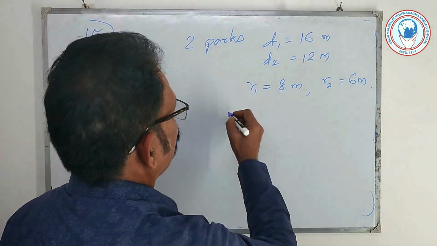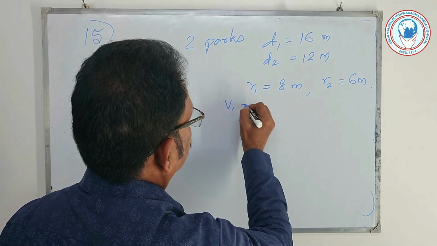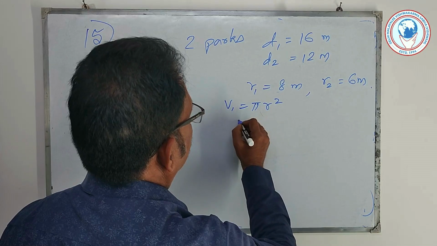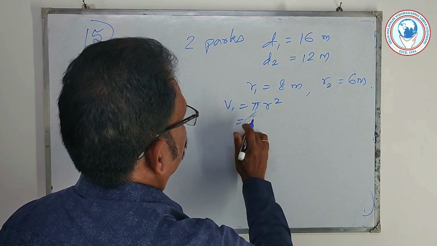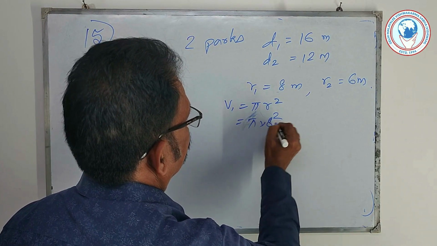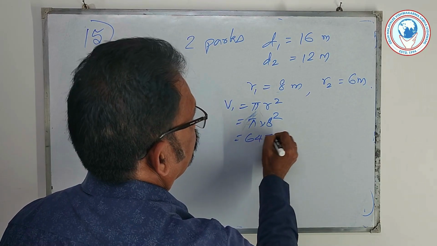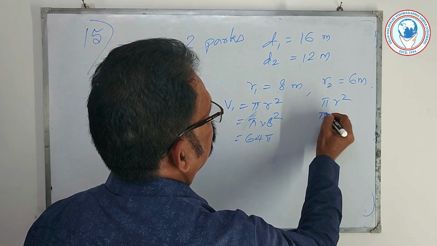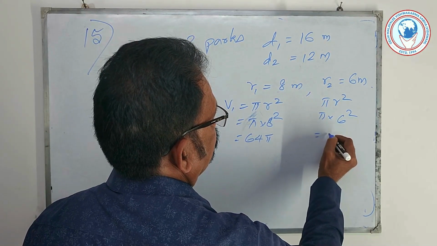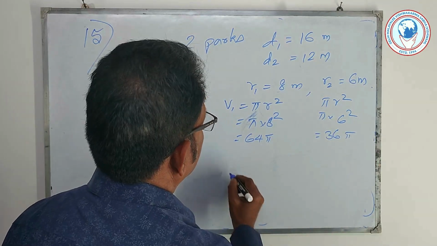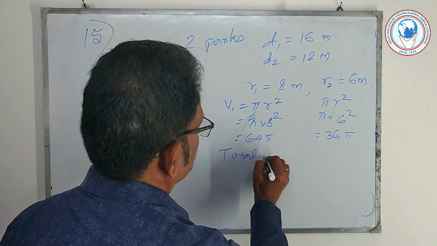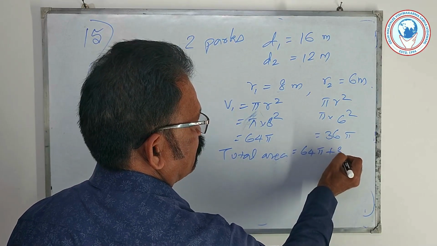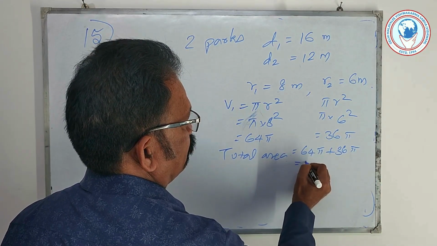So its area is equal to pi r square, that is pi into 8 square, 64 pi. Area of the second, pi r square, pi into 6 square, that is equal to 36 pi. Total area 64 pi plus 36 pi, that is equal to 100 pi.